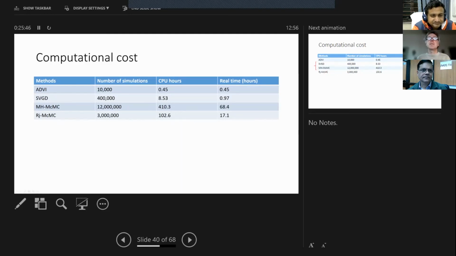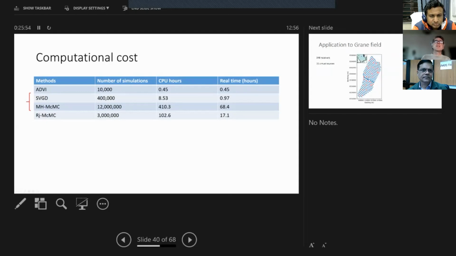ADVI is the cheapest overall, but remember, it didn't give us a very good estimate of uncertainty. So in fact, those two middle methods are the ones that are giving us what we would regard as a reasonable uncertainty estimate of an image. And of the two, SVGD seems to be the better in terms of efficiency.